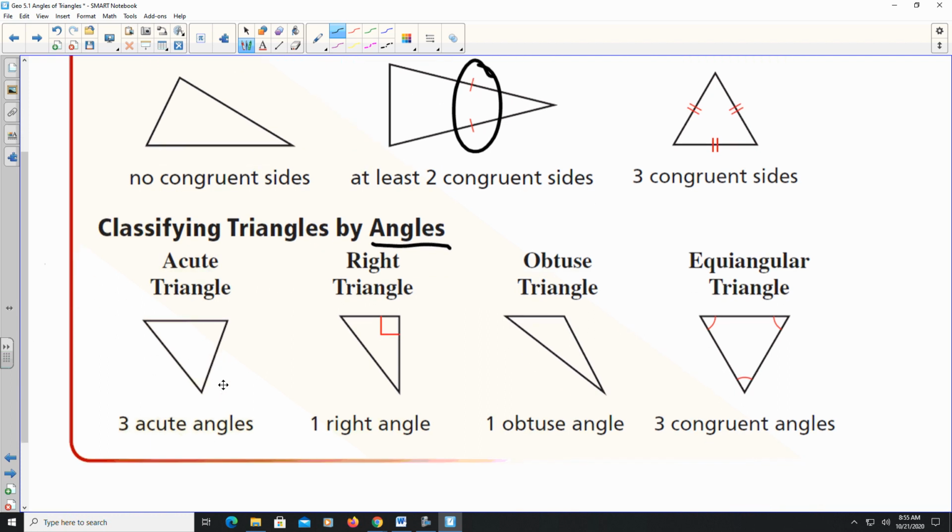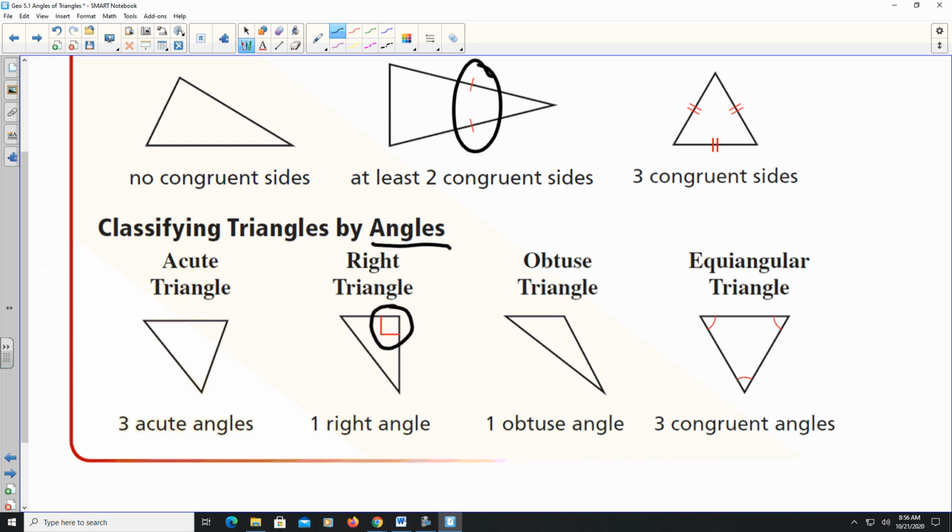When you look at classifying triangles by angles, you can have an acute triangle, which means that every single interior angle of that triangle is less than 90 degrees. You can have a right triangle where one of the angles is exactly 90, and in this case, it's represented by that square box.